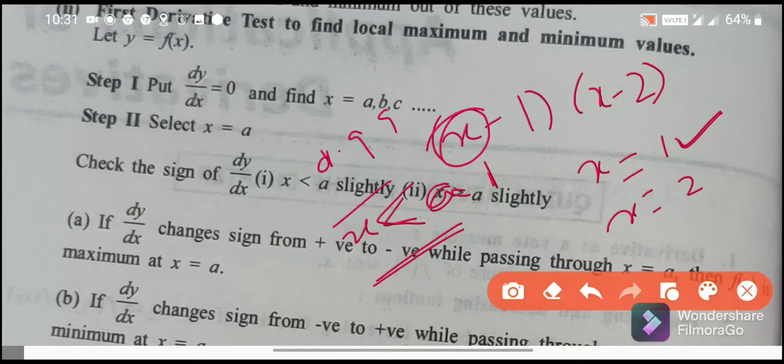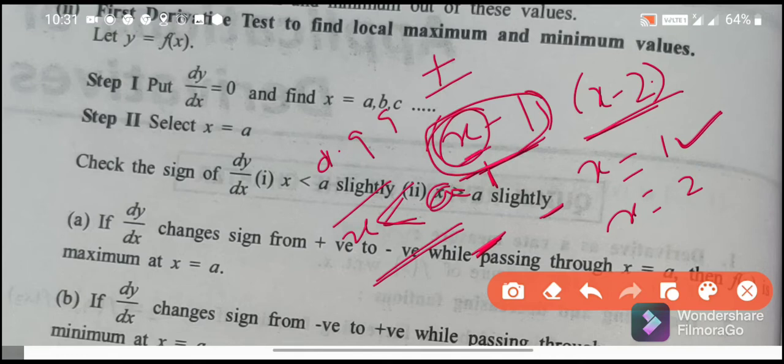Now at 0.99 this term is negative, this is also negative, so it is minus minus, that is plus. Now take value slightly greater than 1, then this term is positive and this is negative, that is positive to negative. Now for positive to negative, it is local maximum.